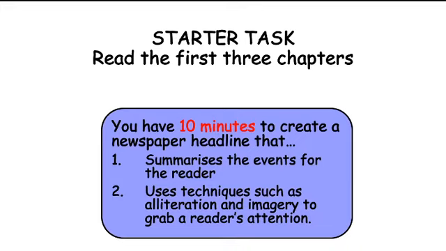So you are going to want to try and use some of these techniques in your headline. Make your headline nice and bold. Feel free to use colour. You can do it in block letters, colour it in, make it look like an actual headline that you would see on the front page of a newspaper. And obviously it's going to summarise in a few words what happened in this story.